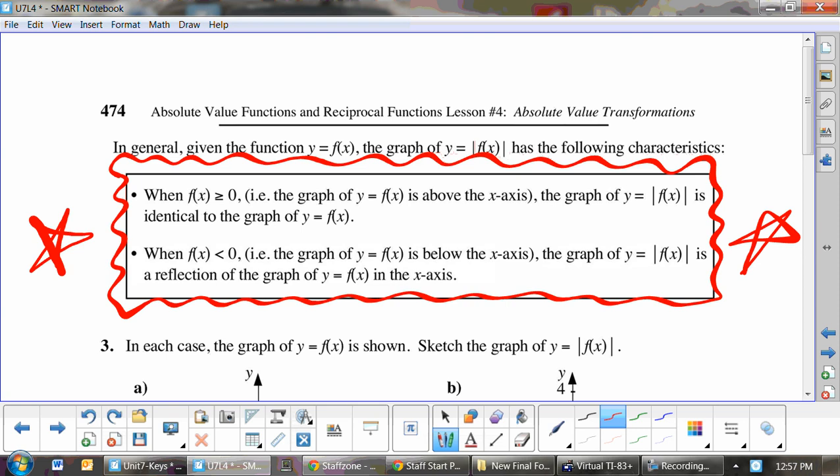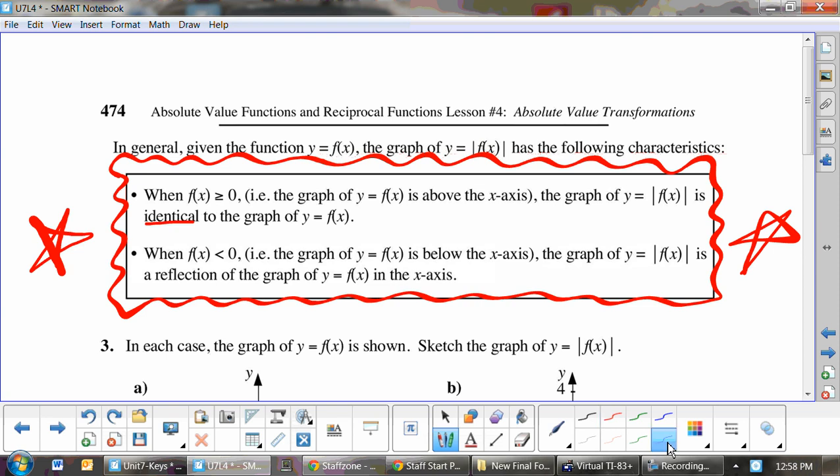Okay? And basically all it's saying is that when the function is greater than 0, so when the graph is in the positive side, so above the x-axis, the graph of the absolute value is identical. So where it's positive, it's going to be the exact same in the absolute value. Okay?